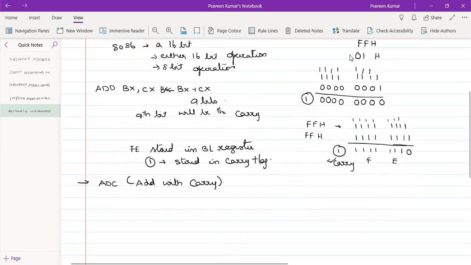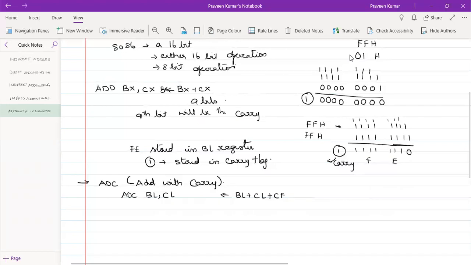If, for example, I'm writing the same instruction, ADC BL comma CL, what does it do? It will add the same thing, BL plus CL, but with the carry flag.